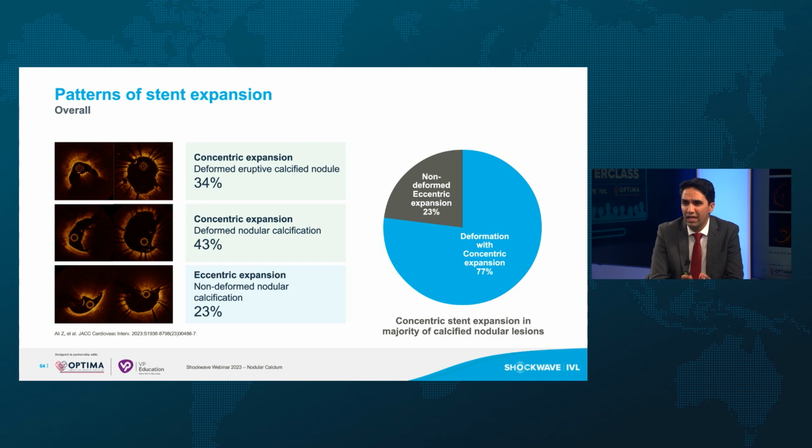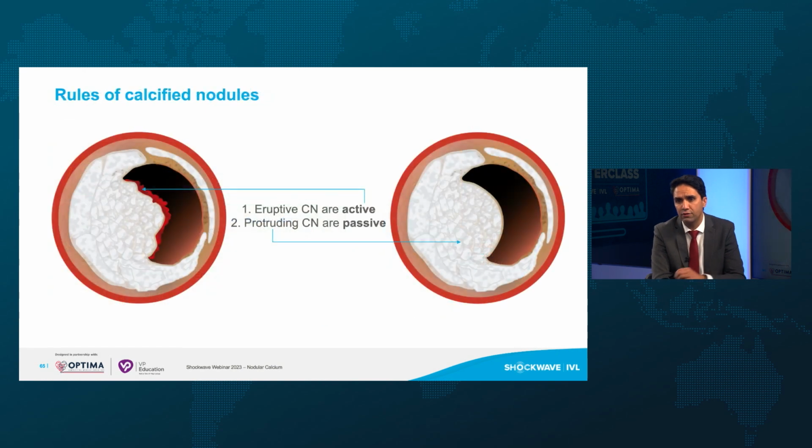And this is a really important message to take home. So almost 80% of calcified nodules treated with IVL had evidence of deformation with concentric expansion. This is new data and probably supports why there is excellent minimal stent area acutely and also no difference in the long-term clinical outcome of these patients at 2 years.